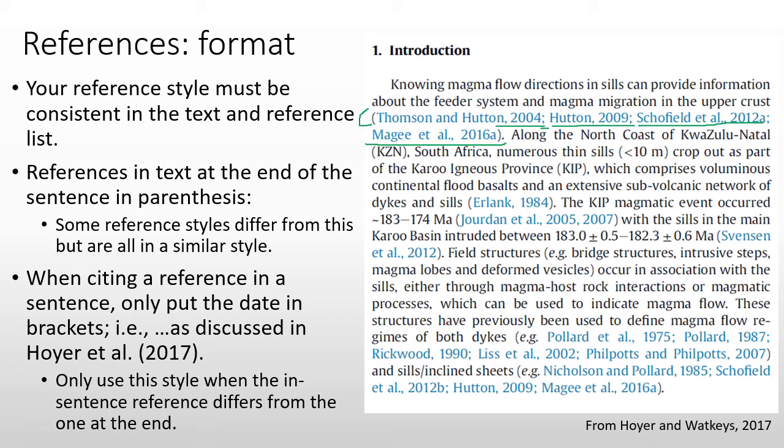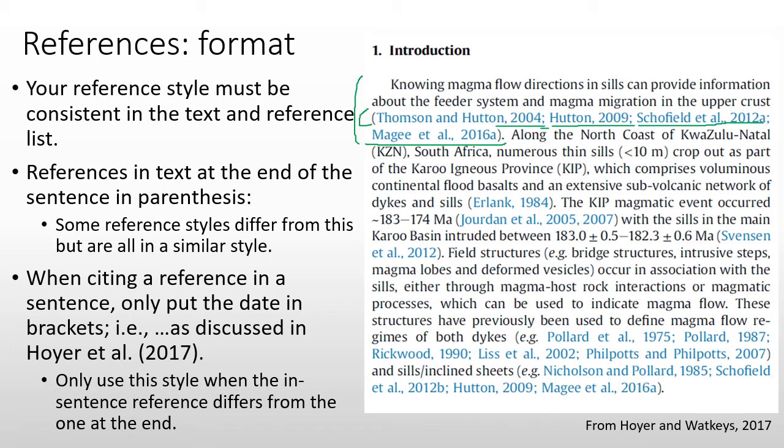When you are writing references in your text, the references should appear at the end of the sentence. It is very disruptive to the reader if you put references in the middle of a sentence. So you can see here in this first section, in the introductory paragraph, there's a sentence and then there's references at the end of the sentence about that information.